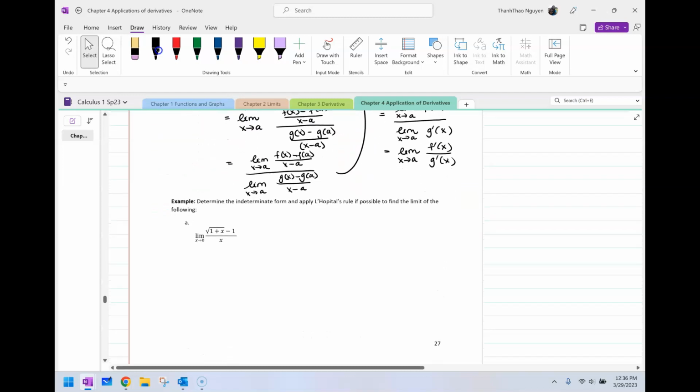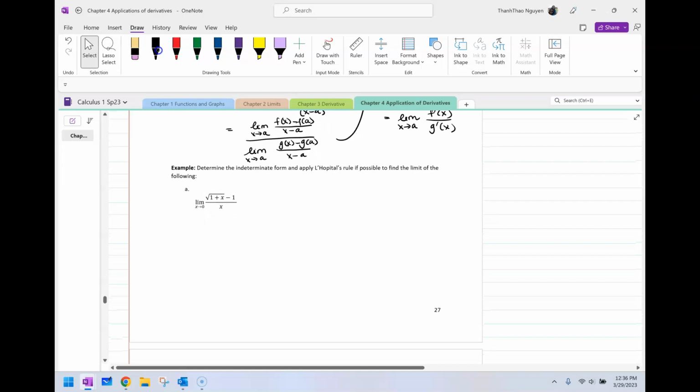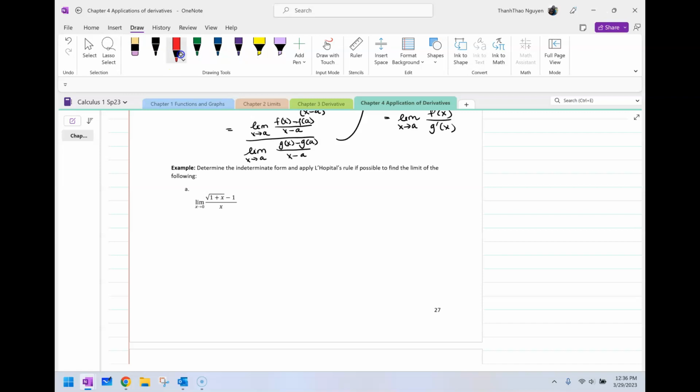Now take a look at a couple of examples. Determine the indeterminate form and apply L'Hospital's rule if possible to find the limit of the following. So what is this case? This is of the 0 by 0 form. So then I can take the derivative of the numerator. So then this becomes the limit as x approaches 0. What is the derivative of the numerator?